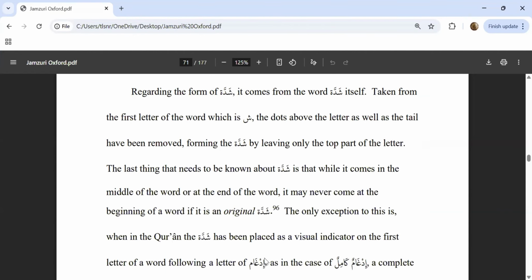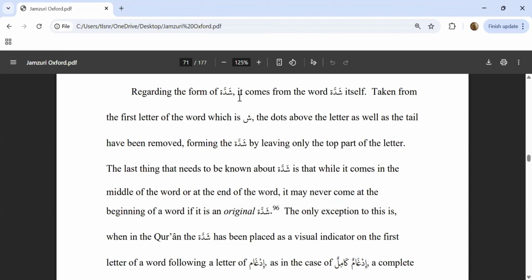And then another point for the students to take note of is regarding the form of shadda. We'll take a look at the additions to the rasam, to the script of the mushaf, when we do the presentation of Sheikh Ayman Suwaid's slides, inshallah.